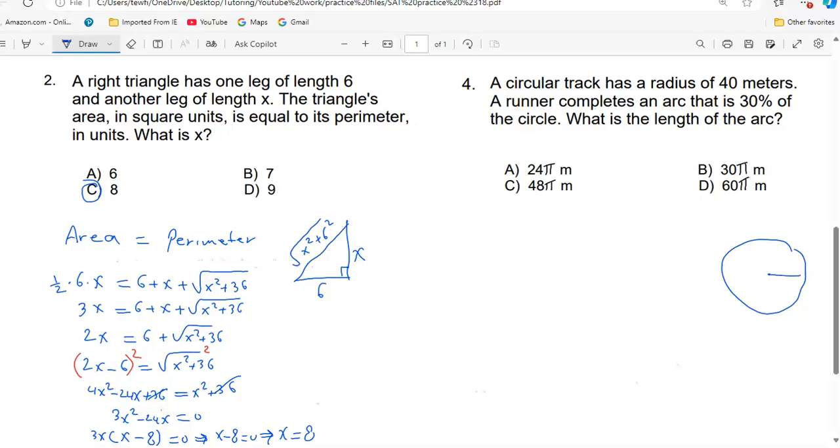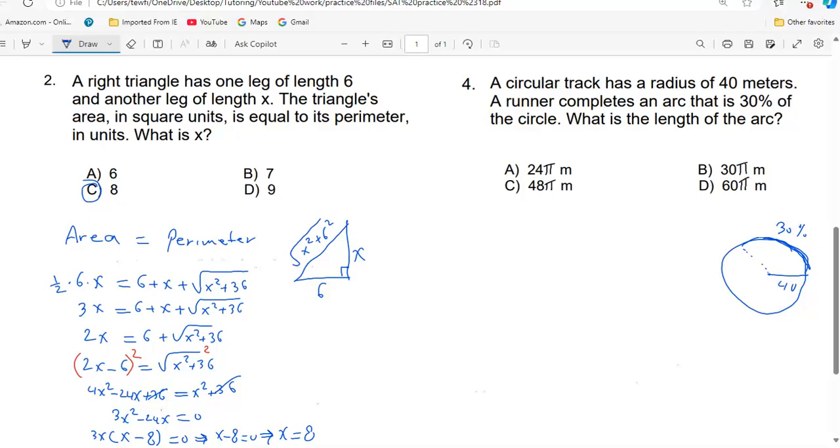The radius is 40, right? So he's going to run about 30% of the track, which is about here. So we're looking for the length of this arc. This is 30%, about.